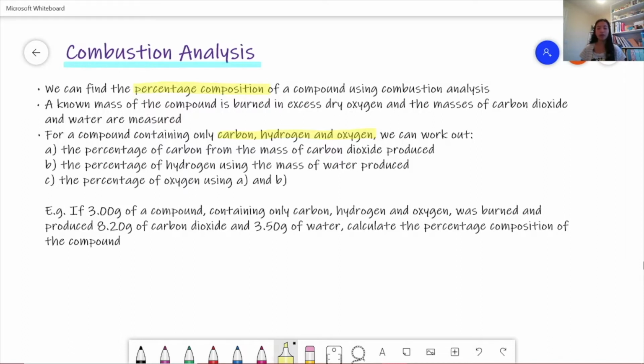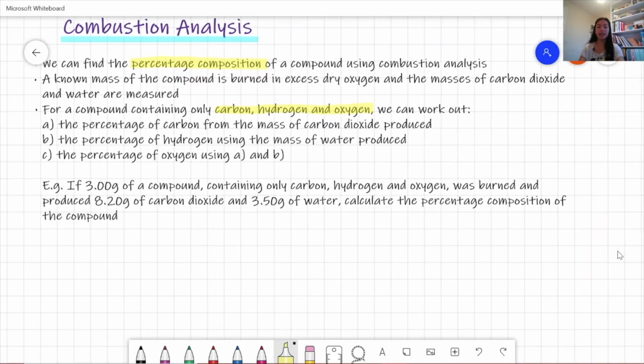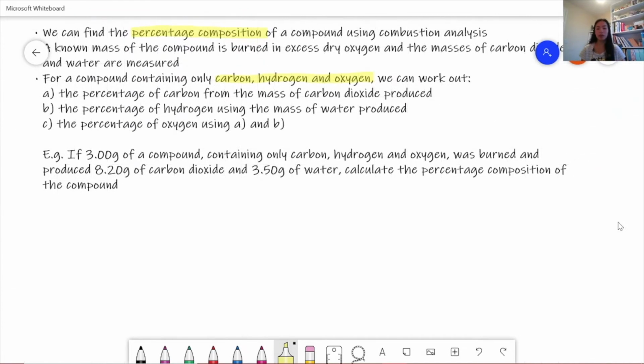Calculate the percentage composition of the compound. First, let's work out the mass of carbon that we have. The mass of carbon in 8.20 grams of carbon dioxide is equal to, if we think about how much carbon we have in carbon dioxide, carbon is C and carbon dioxide is CO2.